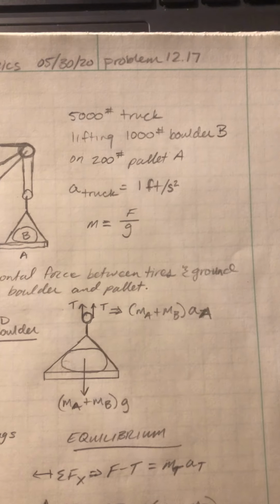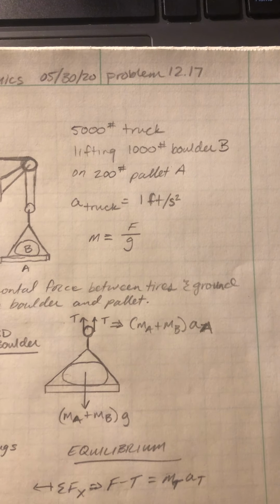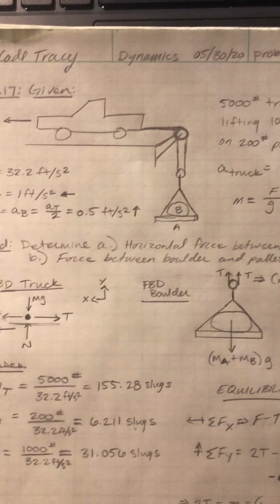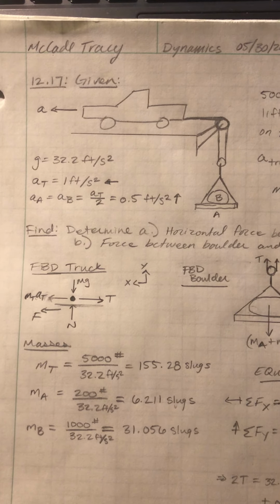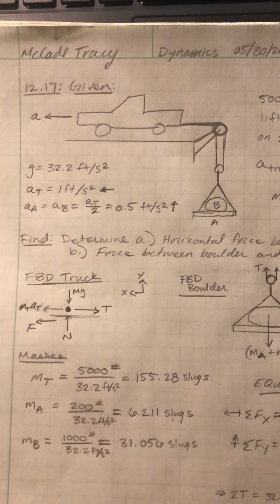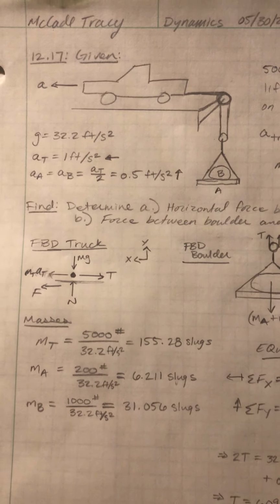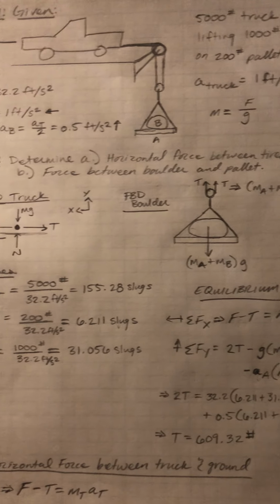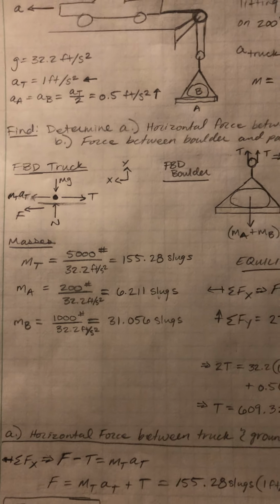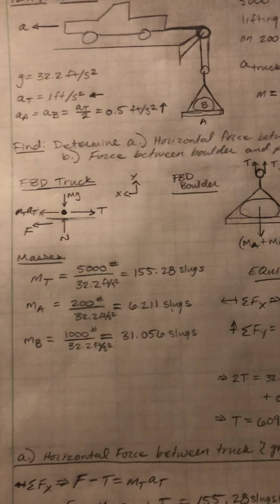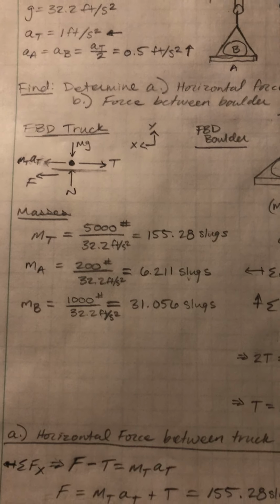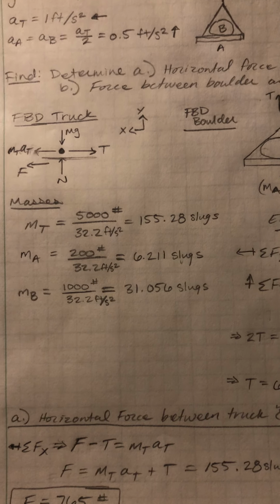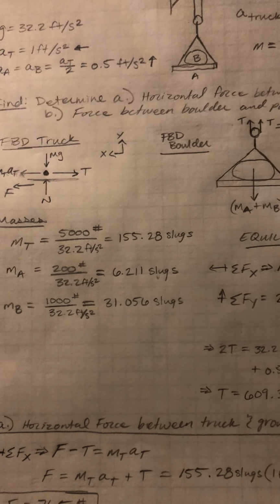We're given specific values for the truck and the boulder and the pallet, and the acceleration of the truck. So using our kinematic equations and free body diagrams of the truck and the boulder, we are able to get the masses of the truck in slugs, and also the mass of the pallet and the boulder.